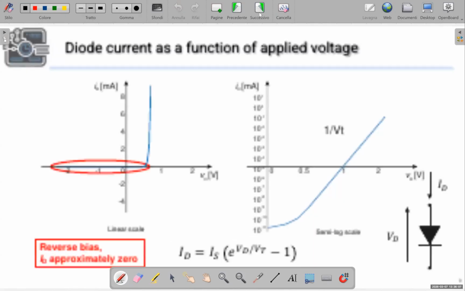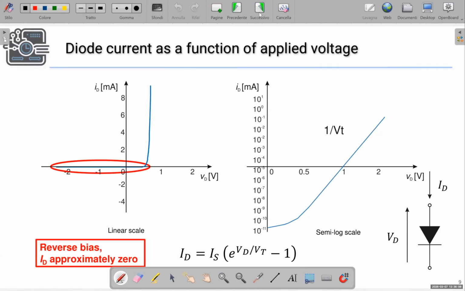Okay. So basically, when we apply a reverse bias, that is, a voltage which is positive on the cathode and negative on the anode, we have approximately no current, and we say that the junction is reverse biased.